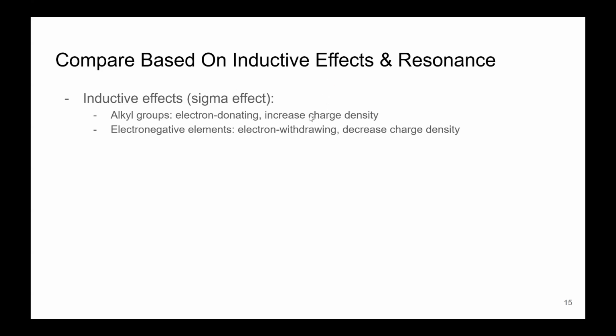Electronegative elements are electron withdrawing, and they decrease the charge density of other parts of the molecule. However, inductive effects diminish very significantly over distance. Usually when the electronegative atom is two carbons away from the site we are concerned about, we don't really care about atoms that far away.